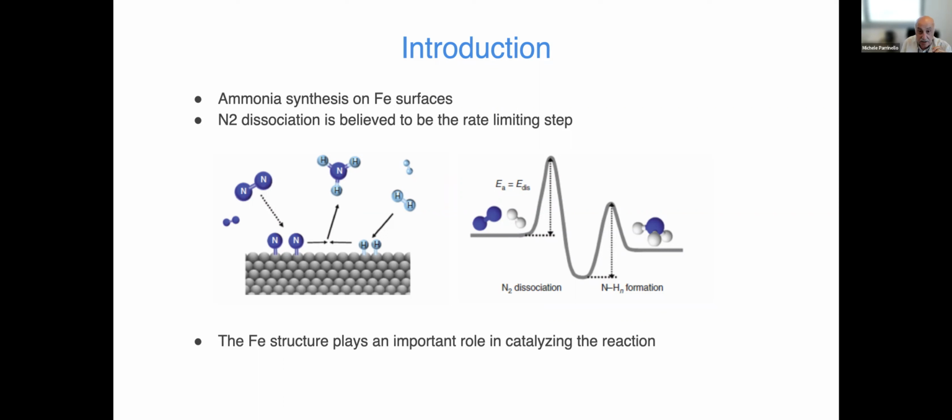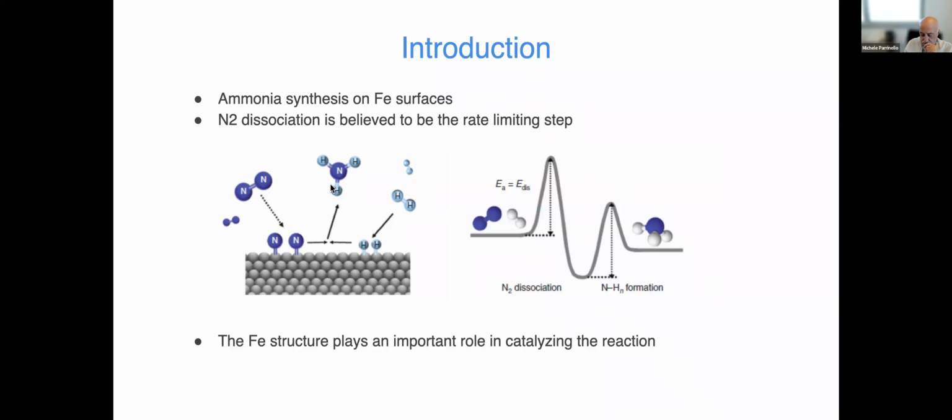Okay, so that's a cartoon in which we imagine how things work. We have a nitrogen molecule that comes down on the surface of iron and is split. Hydrogen does the same. On the surface, the N and H recombine to give ammonia, which then flies away.